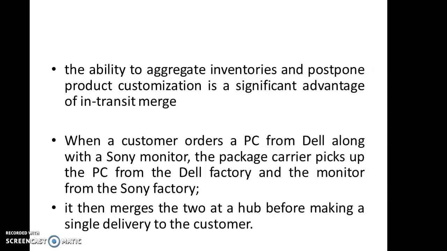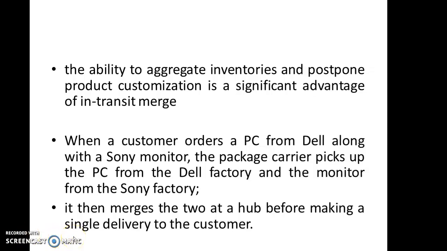What do you mean by in-transit merge? We see an example. When a customer is ordering a PC from Dell, but he asks for a monitor from Sony. So in this order, the PC comes from Dell and the monitor may come from another manufacturer, Sony. The package carrier picks the PC from the Dell factory and the monitor from the Sony factory. Then it merges these two at a hub before making a single delivery to the customer.